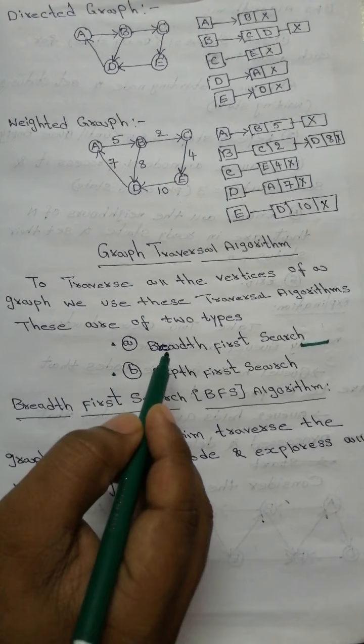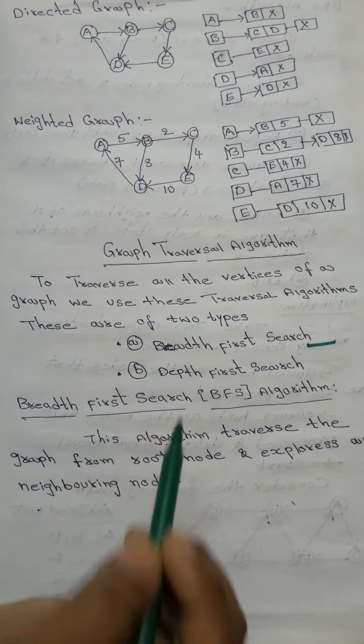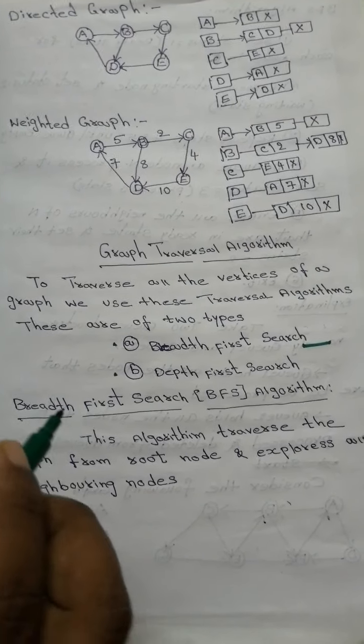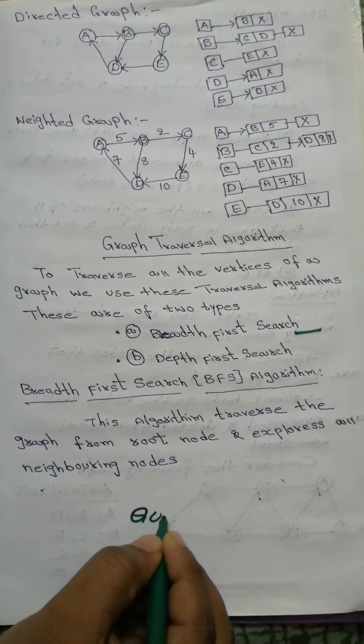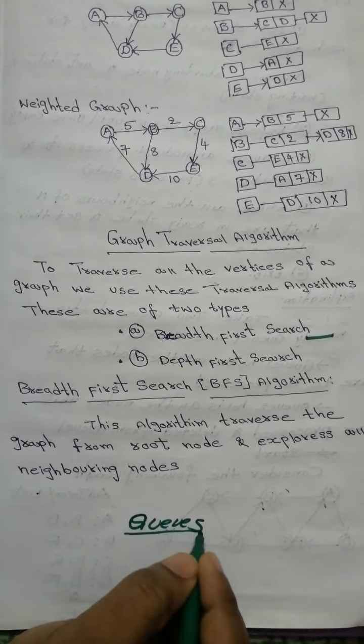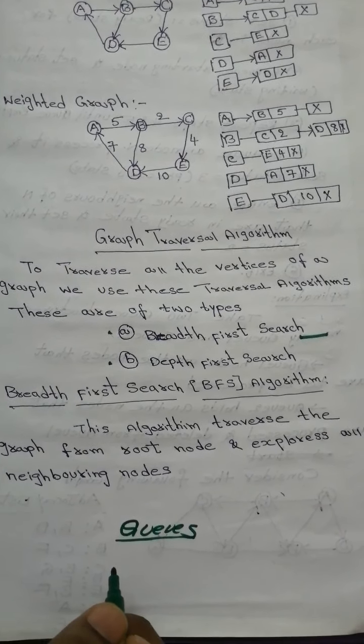Like this we will be traversing all the nodes in a graph by using BFS algorithm. These graph algorithms BFS and DFS use the concept of queues in order to store the traversing nodes.